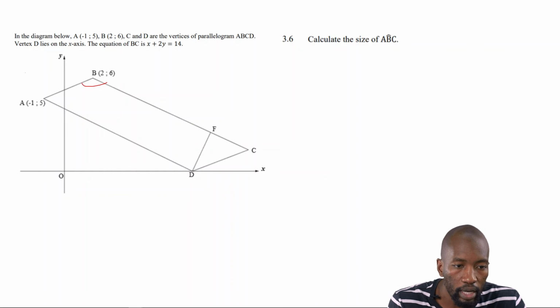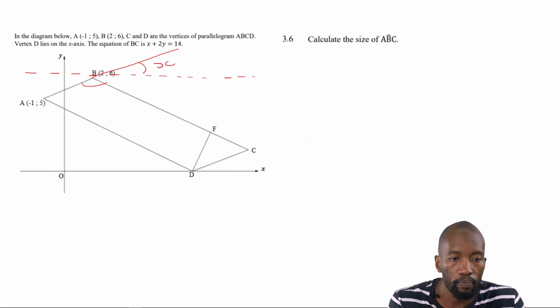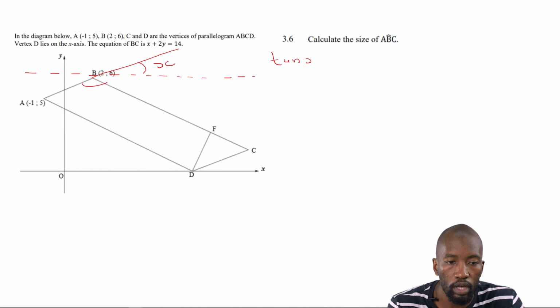So I always like introducing a new line there that is parallel to the x-axis, so that I can now prolong this line and find this angle. I'll call that angle x. Now I can say tan of x is equal to the gradient of AB. The gradient of AB is 1/3.